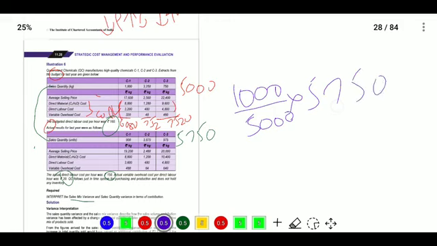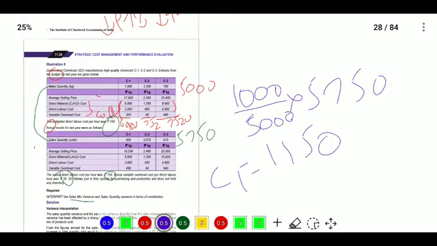So we will get the actual sales at budgeted proportion. How much will we get? 1,150. That is C1. If we go for C2, 3,250 divided by 5000 into 5750, we will get the C2 revised actual quantity. Based on this we will calculate the mix variance.